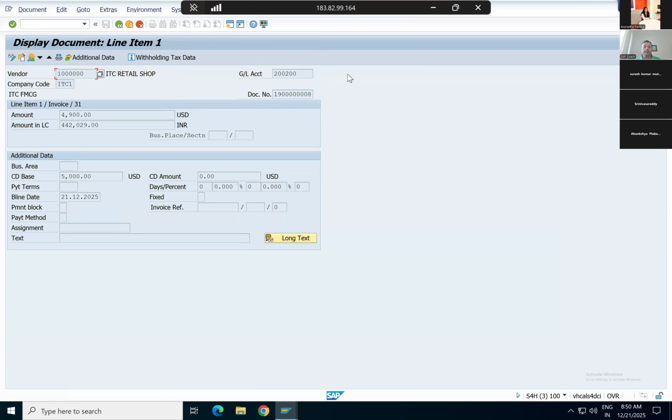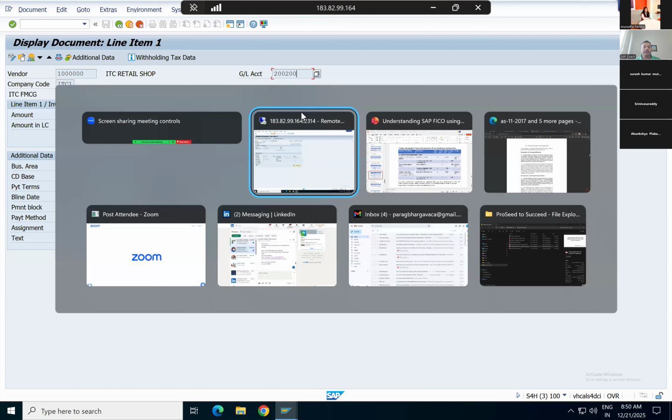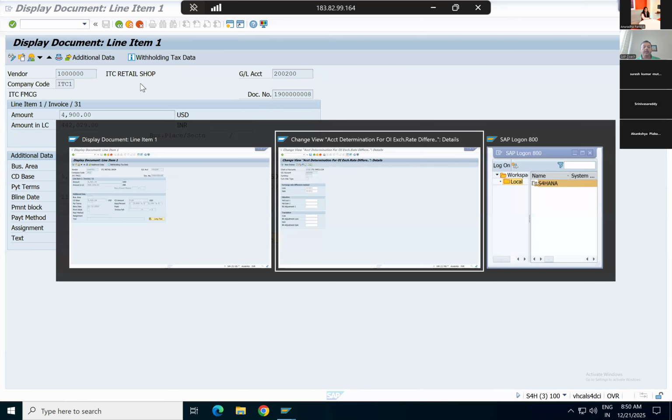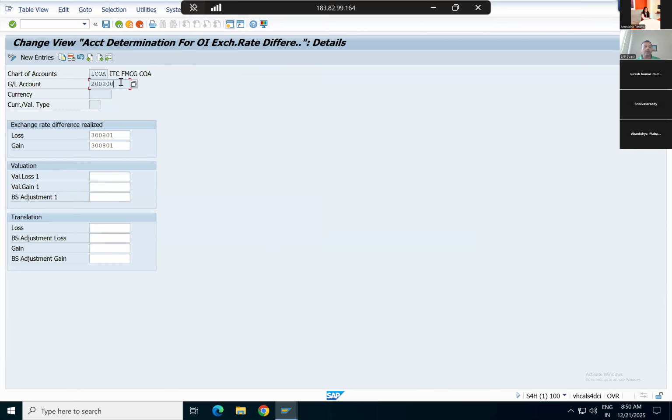So you see here this GL account 200 200. This is the reconciliation account. So now when I do the exchange rate fluctuation entries, this OBA1 I will do in this account only, 200 200.